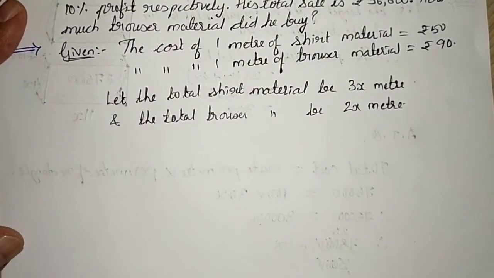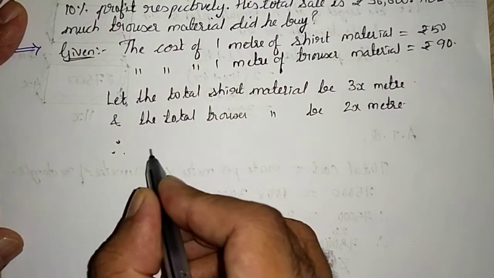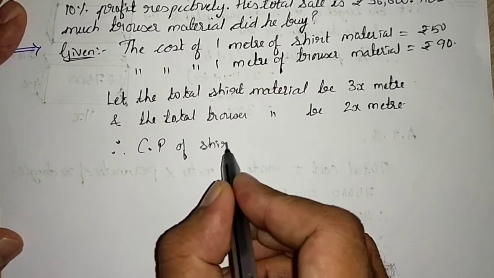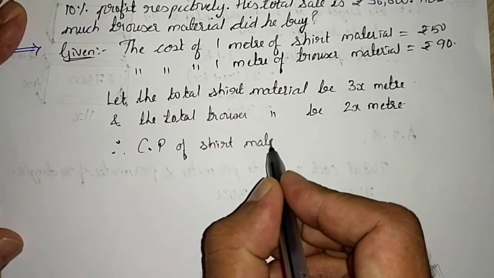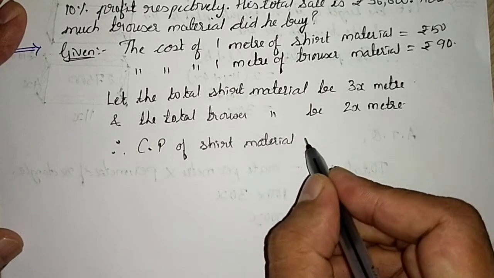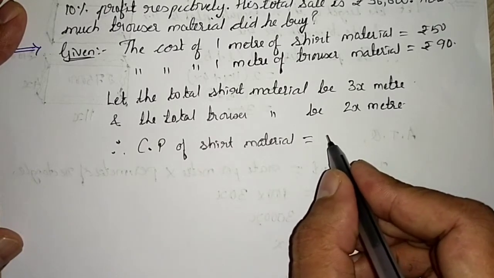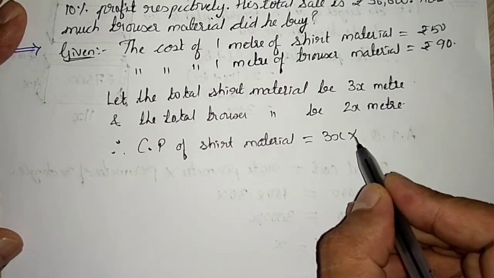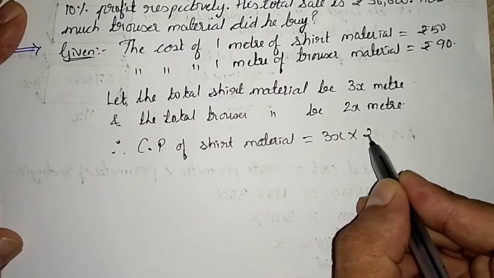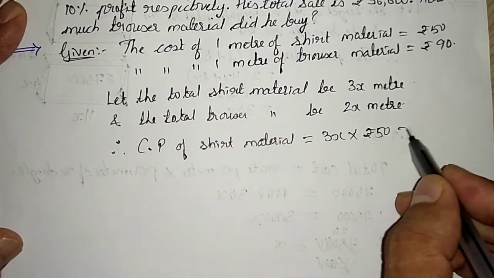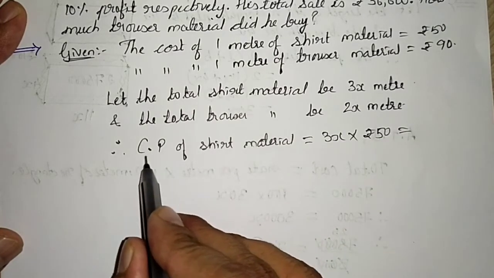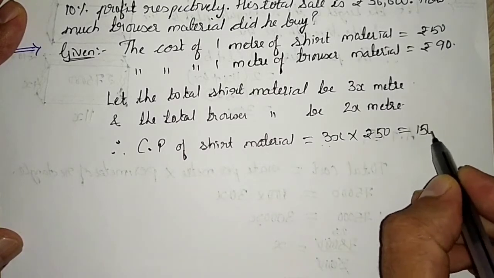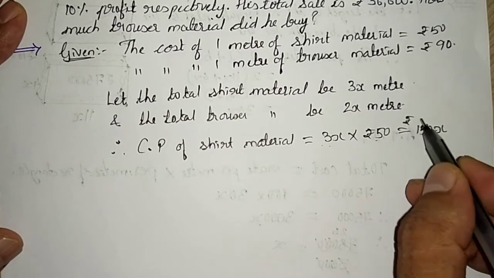Definitely, the cost price of shirt material is equal to 3x total in meters into cost of 1 meter, that is rupees 50. So the total cost price is 50 into 3 is 150x, rupees 150x.